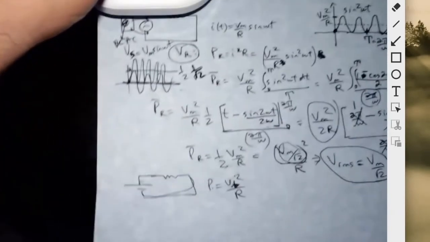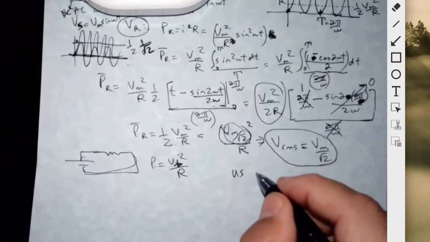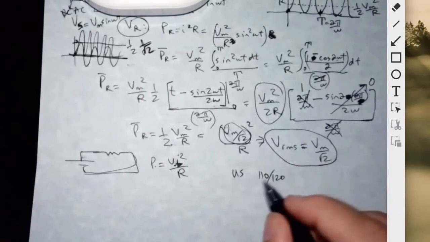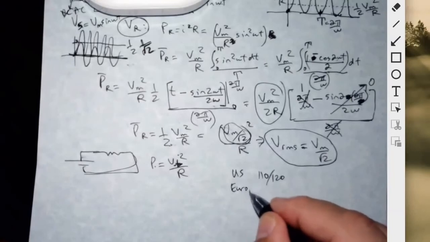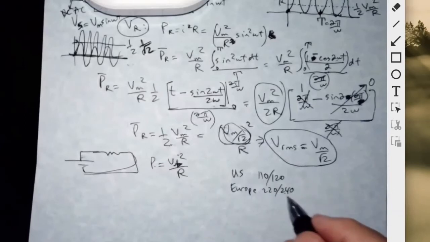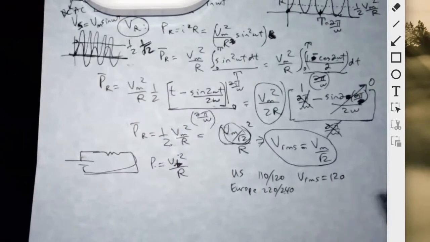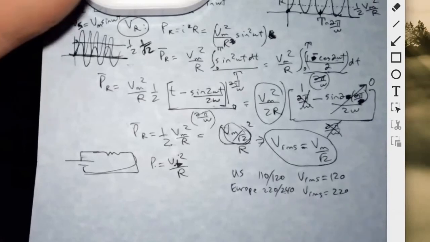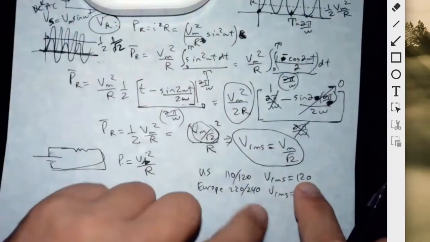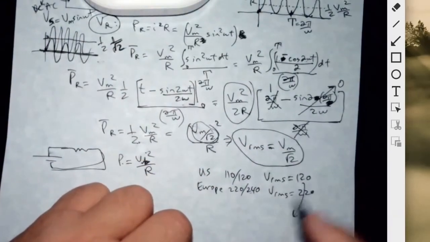So when we say the voltage in America is 110 or 120, and in Europe it's 220 or 240, something like that, both of those values are the root mean square voltages. The root mean square voltage is 120, and in Europe it is 220 or 240. So it's not the maximum voltage. If you want to calculate the maximum voltage, it would be this times √2.